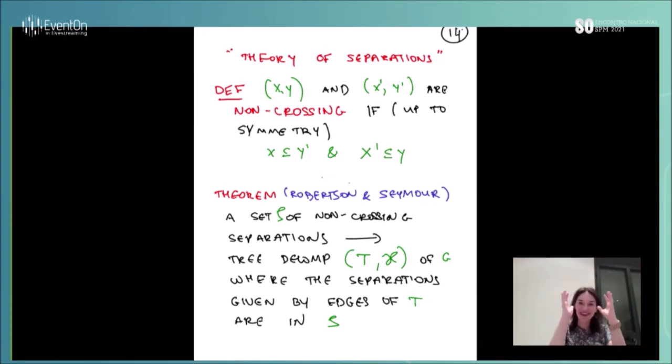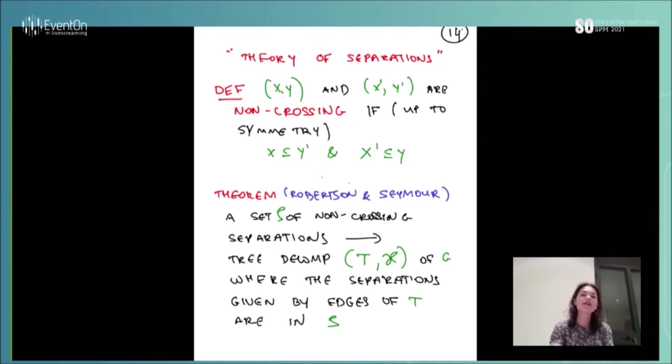You can say the left-hand side of this separation is smaller than the left-hand side of that separation. So they're not like this, but they're like that. If you take a collection of separations that all line up nicely, then you can get a tree decomposition that's closely related to the separations.